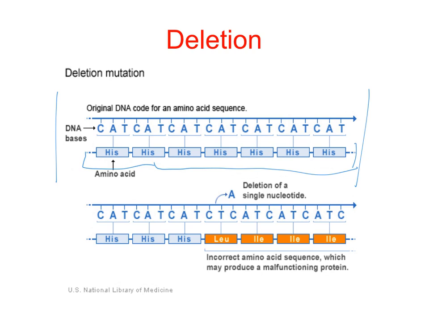If we have a deletion of a single nucleotide, and in this case this A here ends up being deleted, then what happens is that following that deletion, every single amino acid along the protein chain has been changed, and that may result in the production of a malfunctioning protein.